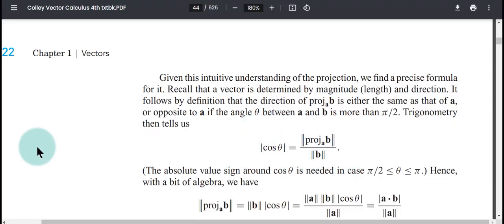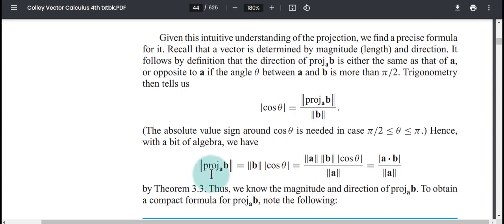So this is what we get. We can make this statement here, and it's based on trigonometry, as we just saw.